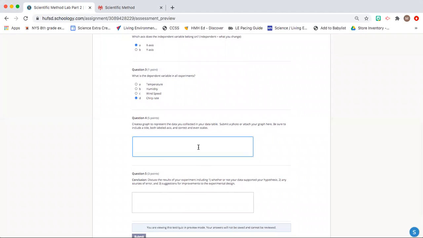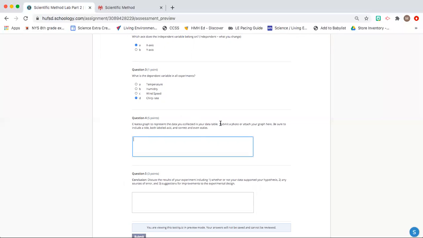So here you are going to create a graph, a line graph, using the data that you have collected. So you can either create it on a Word document, you can create it on a piece of paper, and you can take a picture of it, whatever is the easiest method for you, and then you can attach it to your assignment or email it to me.